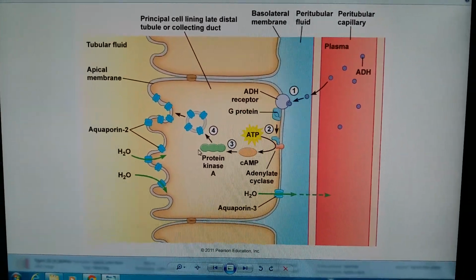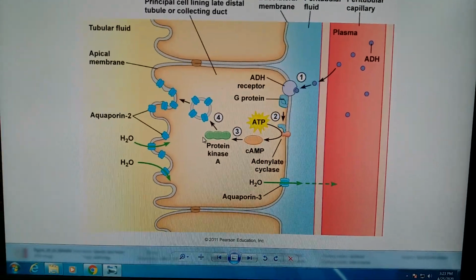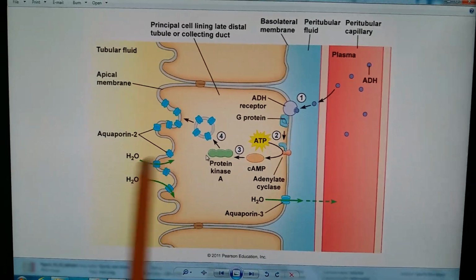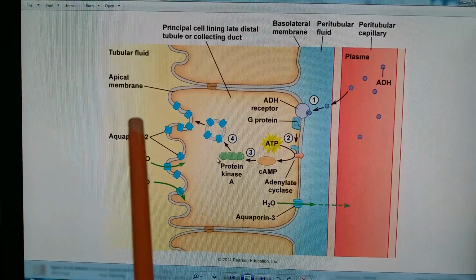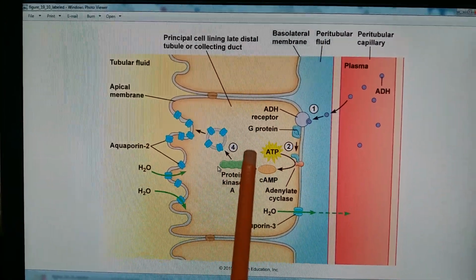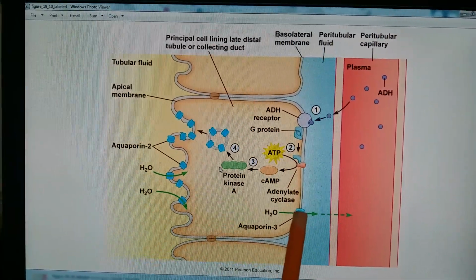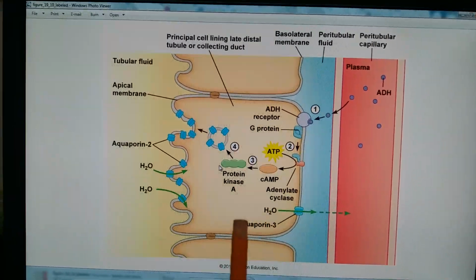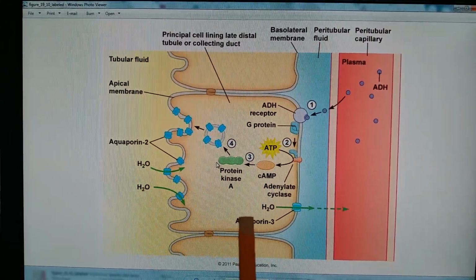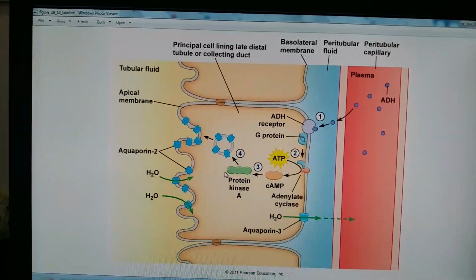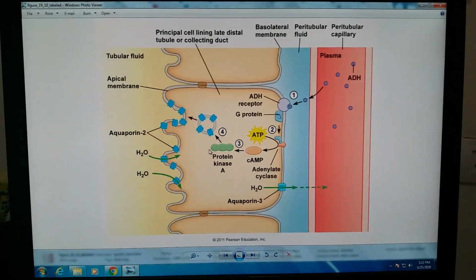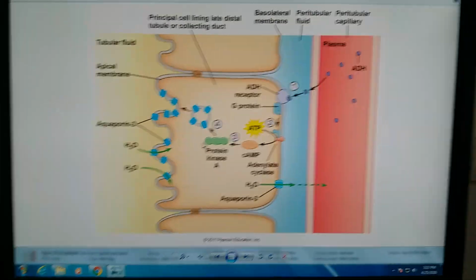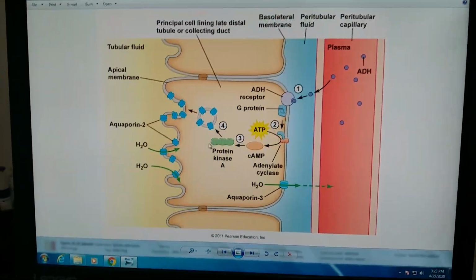Through this there is passage of water from the tubular fluid to the cell, and certain other aquaporins placed at the basolateral membrane help in the passage of water from the cell into the plasma. So this is the normal action at the collecting duct.